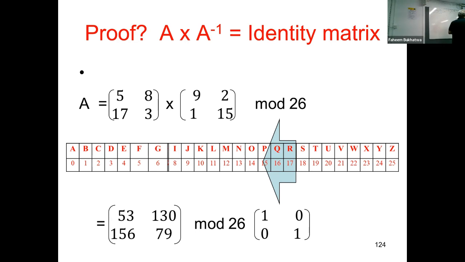You get 2 different numbers here. Mod them by 26, and the result should be something like 6 and 2, is it? Yes, which is the letter G.